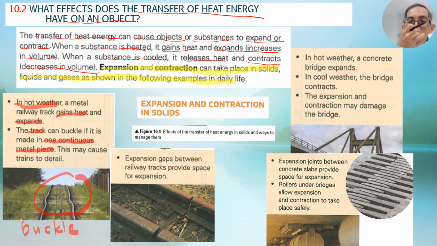So how would this problem be solved? You're not going to lay long, continuous railway track. So the solution is here. Over a certain length of the track, they will have a joint. We call it the expansion gap, where in between two tracks there is a gap, which allows for the expansion of the track.